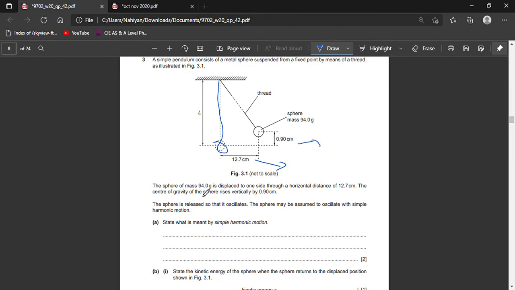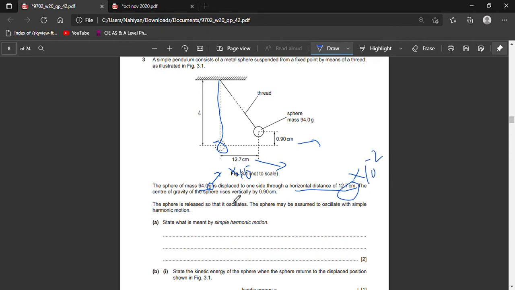So the sphere of mass 94.0 grams, this is in grams, we have to convert into kilograms, so this will be times 10 to the power minus 3. It is displaced to one side through a horizontal distance of this, which we have to convert into 10 to the power minus 2 meters.